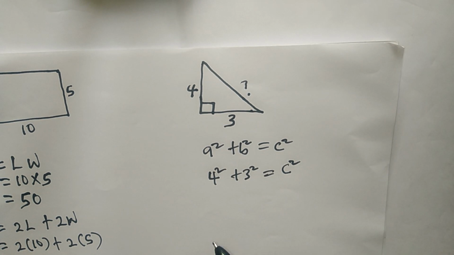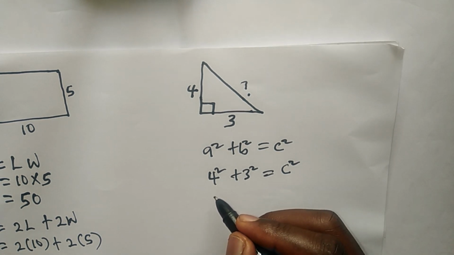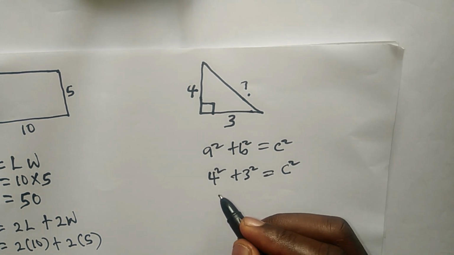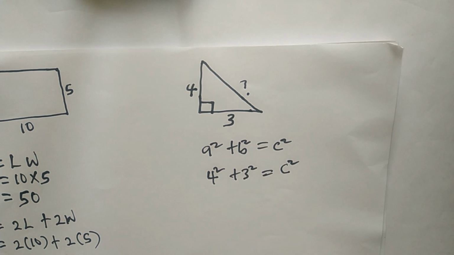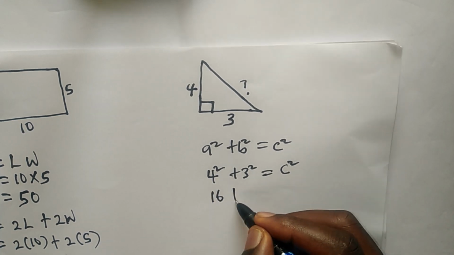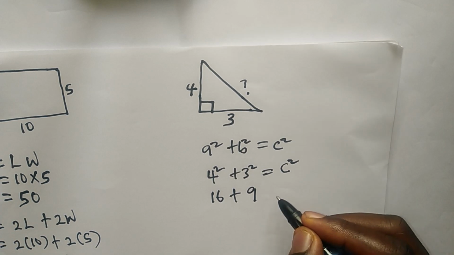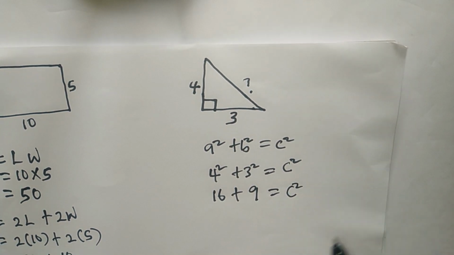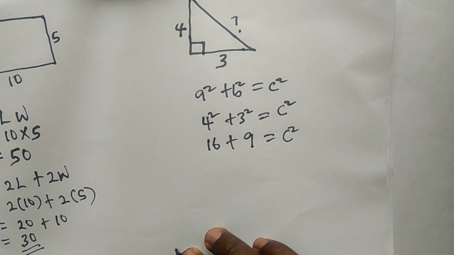All right, next we say 4 raised to power 2 is 16, plus 3 raised to power 2 is 9, equal to c squared, right?